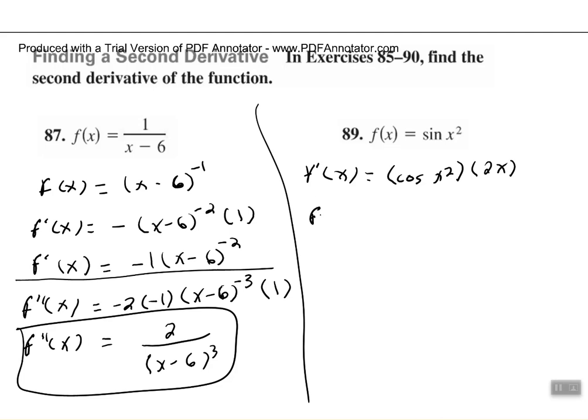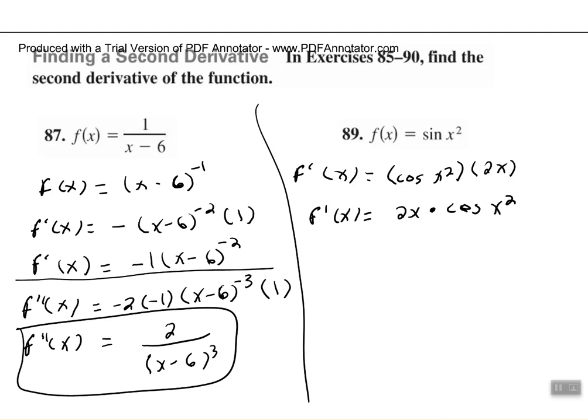Okay. So f prime of x equals 2x times cosine x squared.